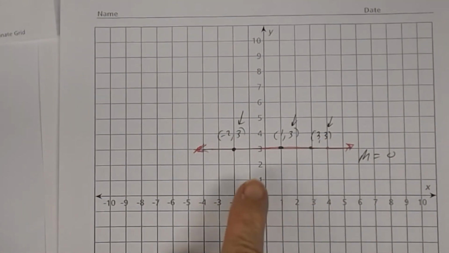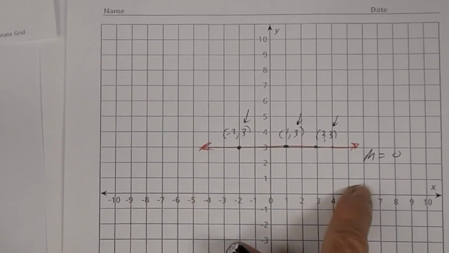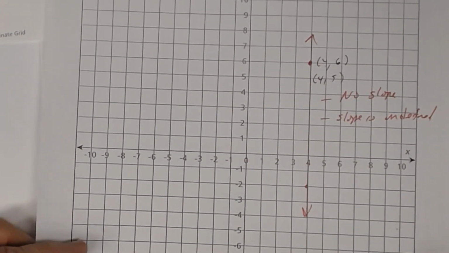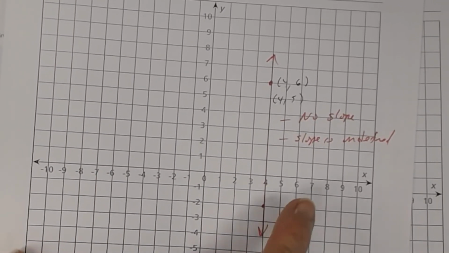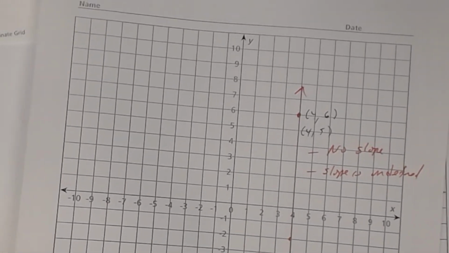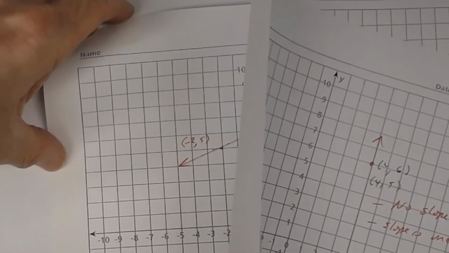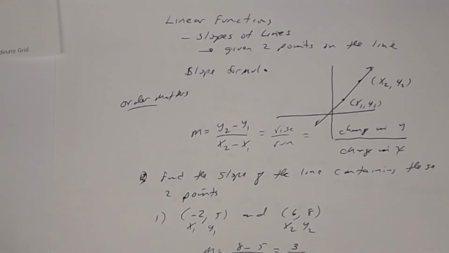Here, my y values are constant, so this is a constant function. My slope is 0. And remember, vertical lines are not functions. So all other lines are functions except vertical lines. Vertical lines have no slope or undefined slope. Okay. All right, so that is going to take care of our lesson. And remember, this is just a review of slopes.